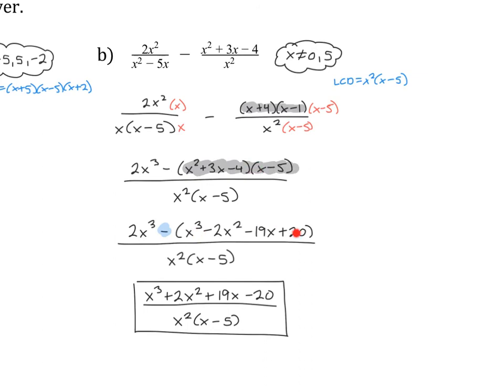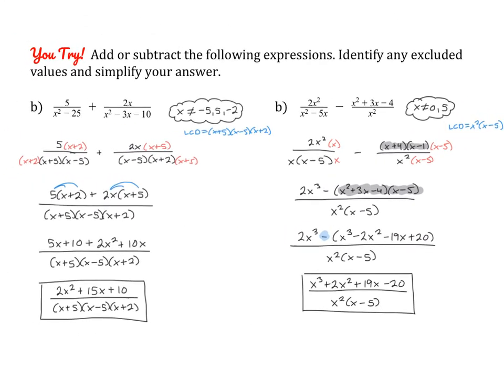Notice that I kept my result in parentheses because we still have that negative that needs to be distributed to all of the terms. So then our last step will be to distribute that negative. So it's actually 2x cubed minus x cubed, and then plus 2x squared plus 19x minus 20. So there's our simplified answer.